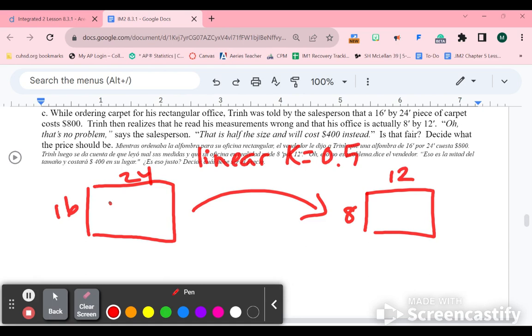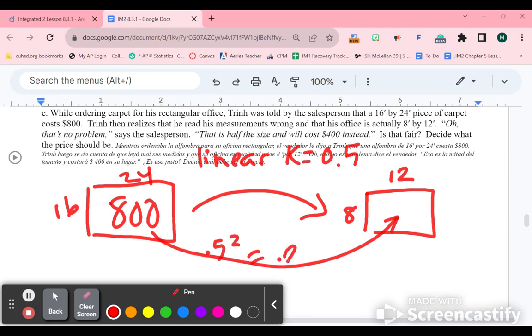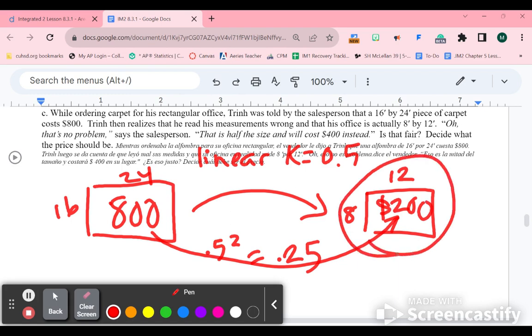Now the area scale factor, and we consider area to be price, should not reduce just by half, but by half squared. So the area should go down by 0.5 squared, which is 0.25, a fourth. The new price should have been $200. So the $400 quote was incorrect and unfair, because the area scale factor is the linear scale factor squared. And that's actually the last problem, everybody.